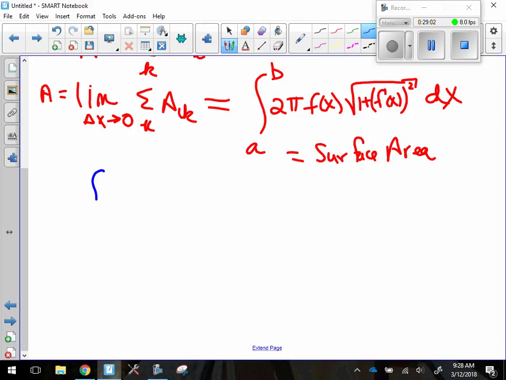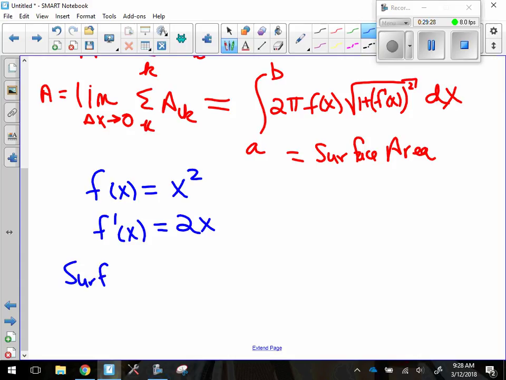So in the problem that we were looking at, what was f of x equal to? X squared. So Gianni, what's f prime of x? 2x. So if I'm supposed to find the surface area, that's going to be the integral.